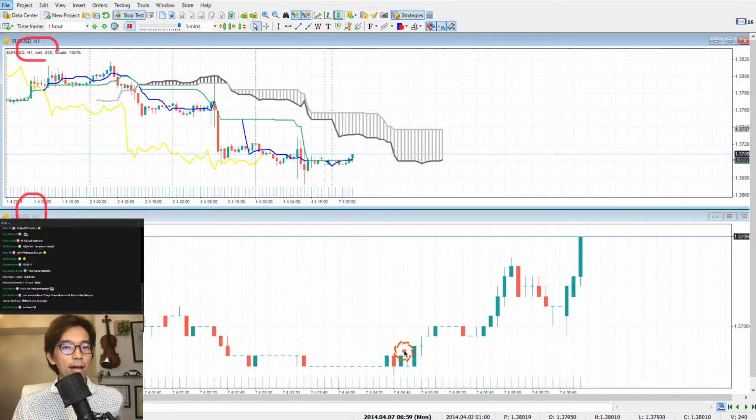In M5, I will use the candle trend line to capture the trading edges, and up here is the 1 hour chart. When I capture the trend, I mainly use Kumo and Kijun Sen. Of course, I look at the Tenkan Sen and Chikou span moves, but I mainly look at the Kumo and Kijun Sen angles.